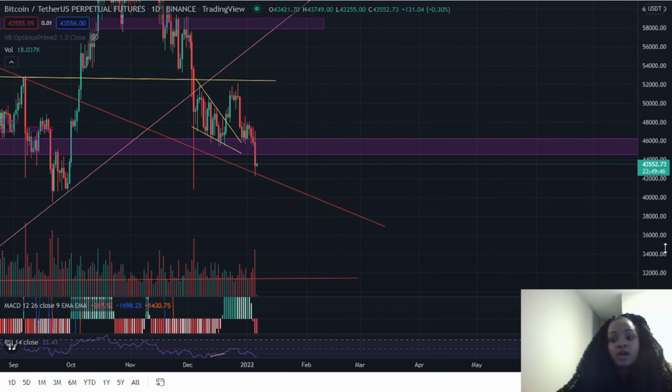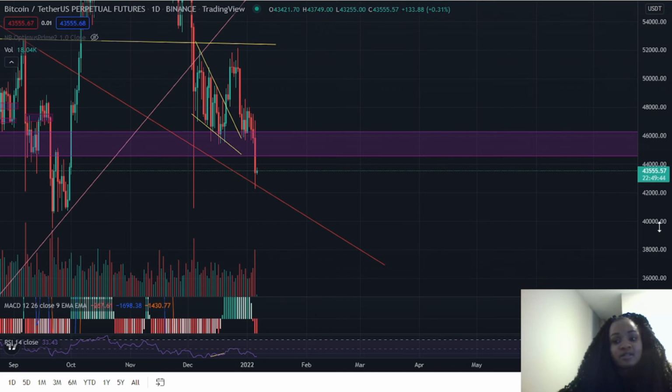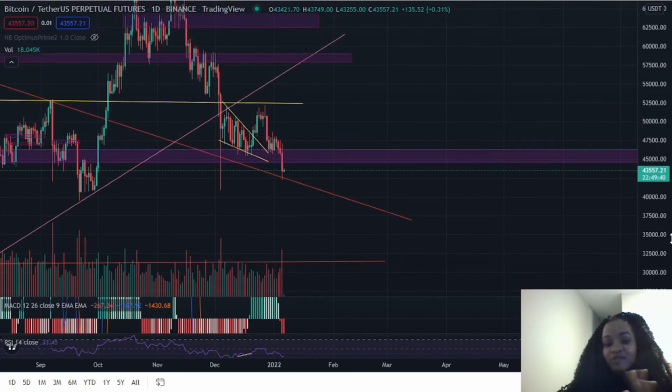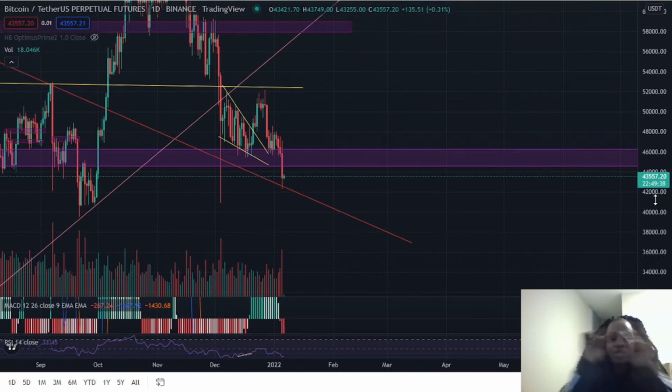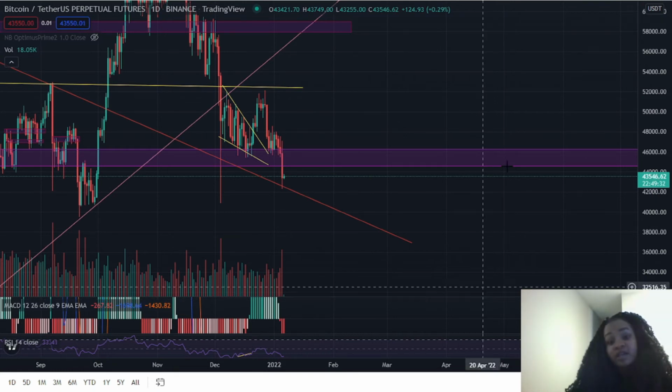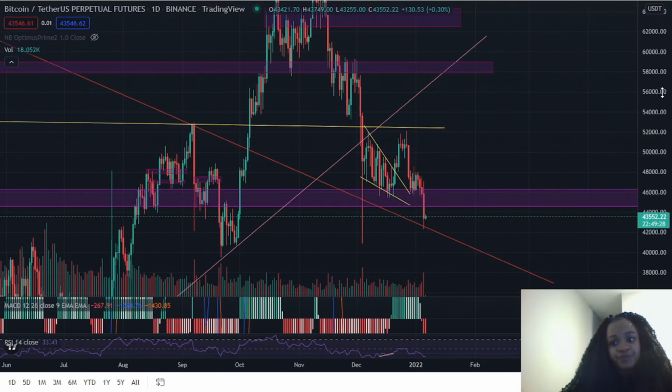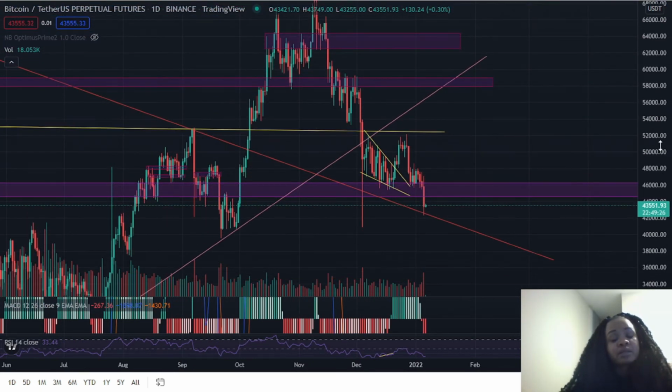Okay, but this is the thing, this is why with crypto you have to really be able to see the bigger picture to understand what's really going on. It can get really tricky if you are not looking at the bigger picture. And this is why I always recommend, when you're new to trading, just practice using fake money.